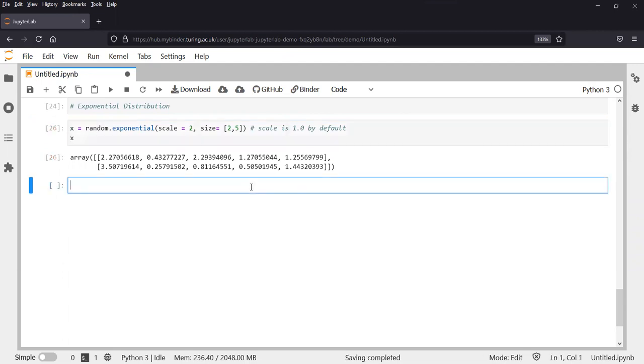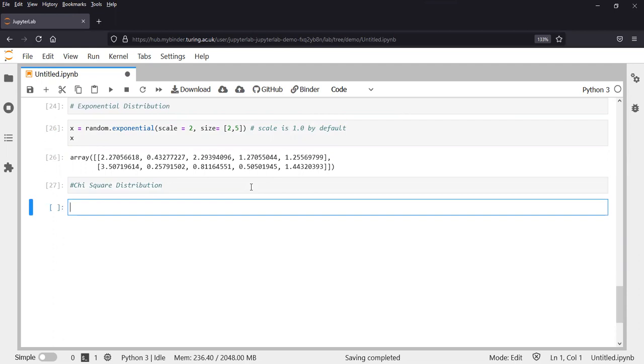And the next here is the chi-square distribution. x is random dot chisquare. df means the degrees of freedom. If you are very familiar with chi-square, you should know what degrees of freedom means.